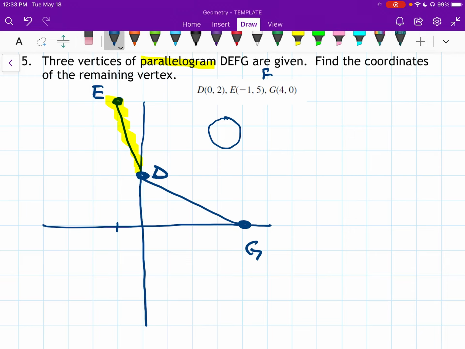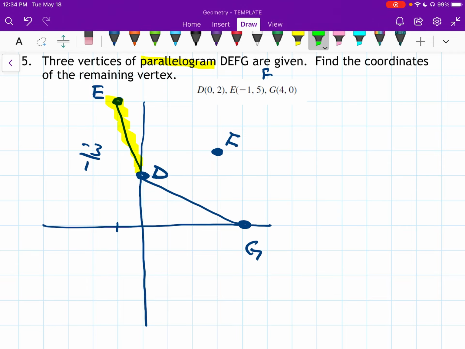Well, that would be down 3 and over 1. So that would be a negative 3 over 1 slope. What point would have a negative 3 over 1 slope with G? Well, if I were to count up 3 and left 1, it would be right here. So that's probably F. I mean, if I was doing my homework, I'd probably be done right now, but I'm just going to check it too.